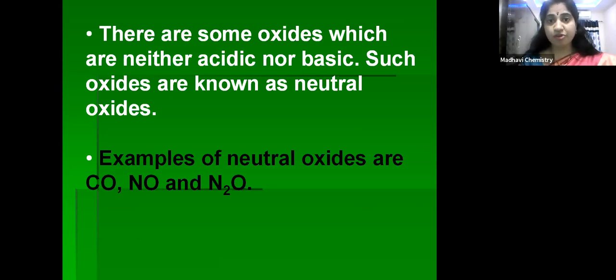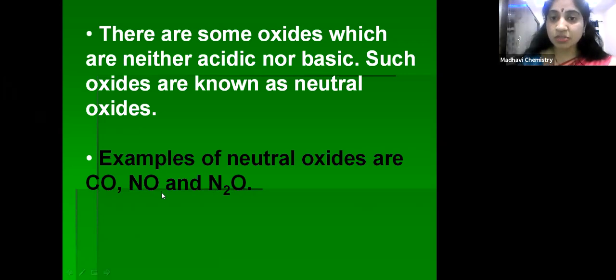But there are some oxides that show neither acidic nature nor basic nature. Such oxides are known as neutral oxides. For example, carbon monoxide, nitric oxide and nitrous oxide. These have neither acidic nor basic nature, so they are neutral in nature. Okay, is that clear, children?